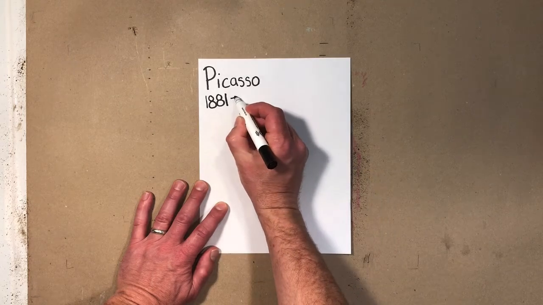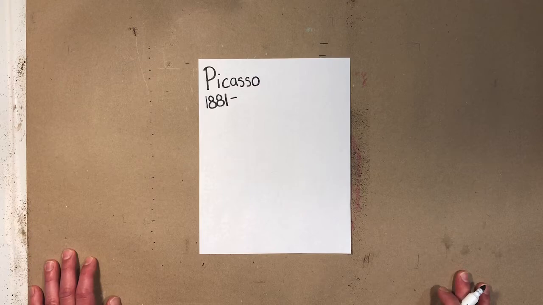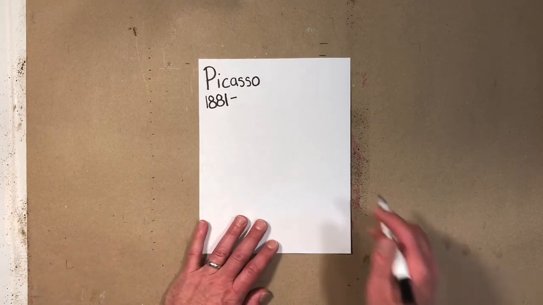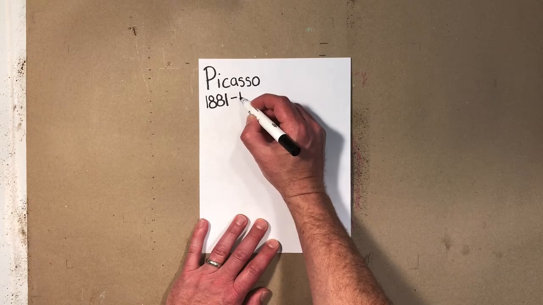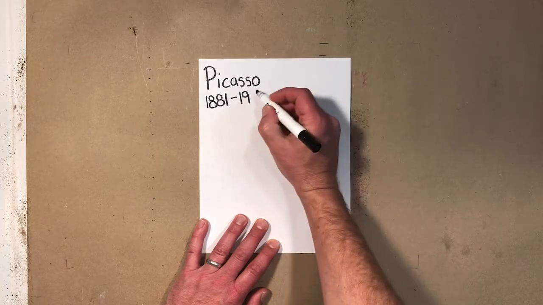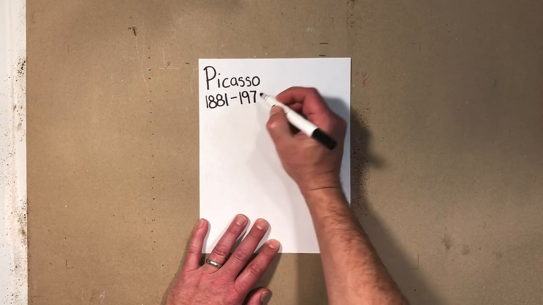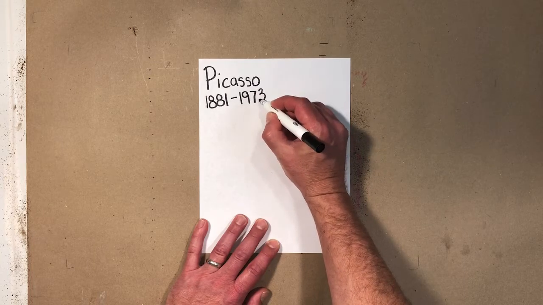And we're going to put a little dash. It's like a minus symbol, a subtraction symbol. And the end of his life was 1973. So 1, and then a 9, 7, and a 3 at the end.